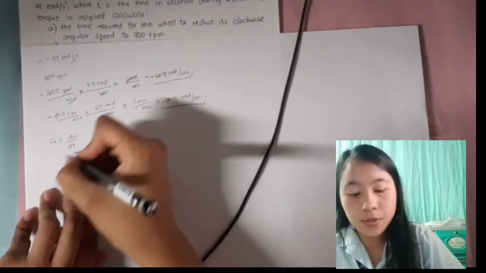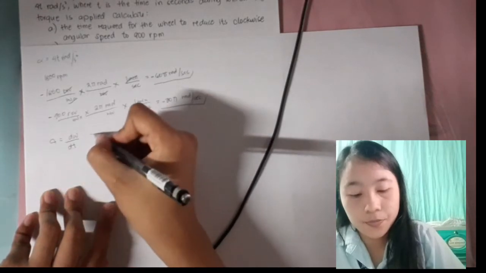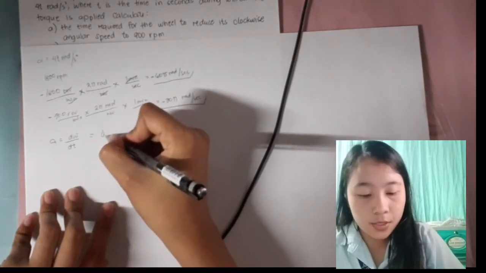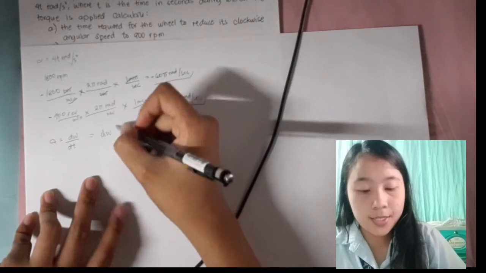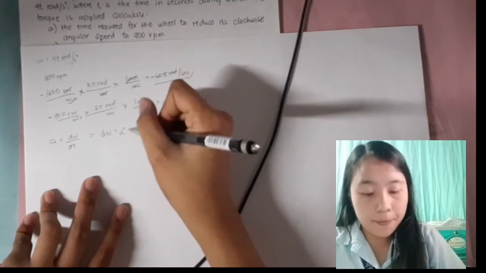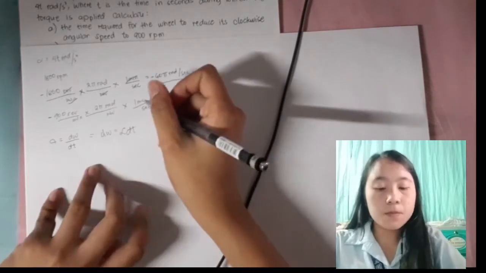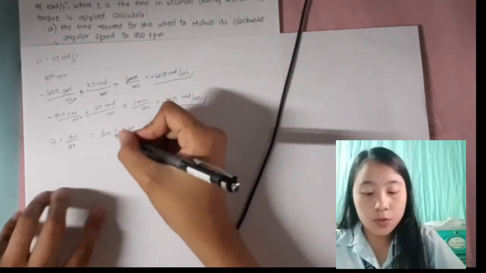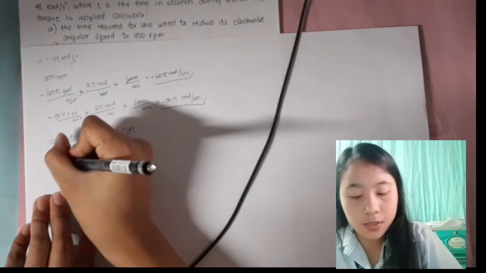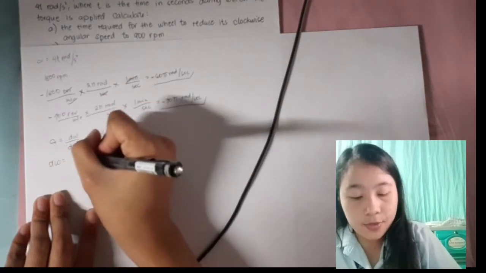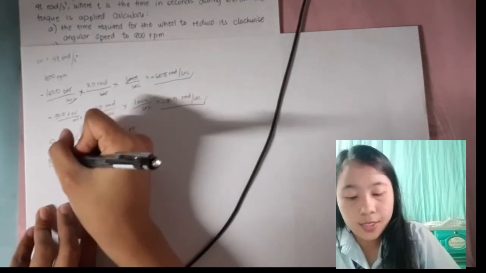If we cross multiply, d omega is equal to alpha dt.